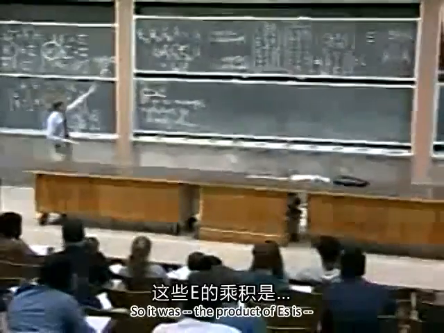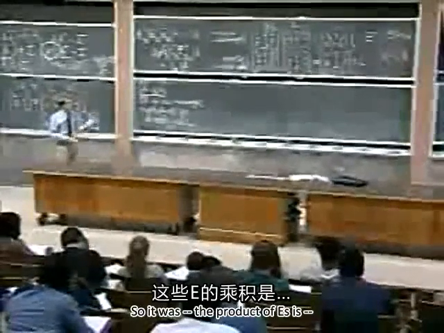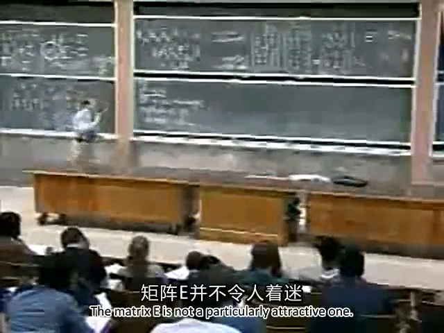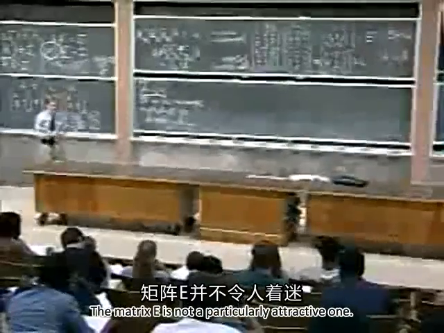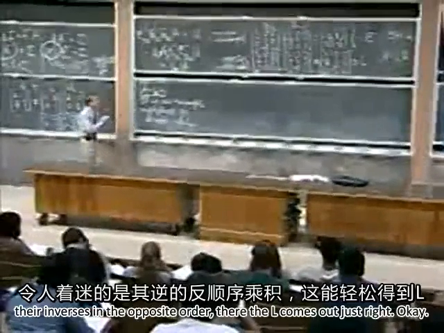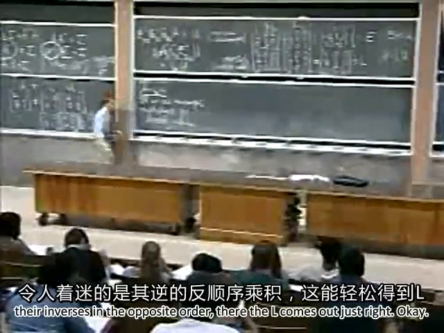So it was the product of E's is, we can't see what that product of E's is. The matrix E is not particularly attractive. What's great is when we put them on the other side, they're inverses in the opposite order. There, the L comes out just right.